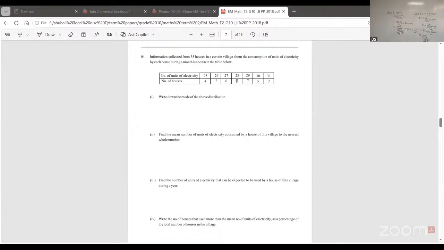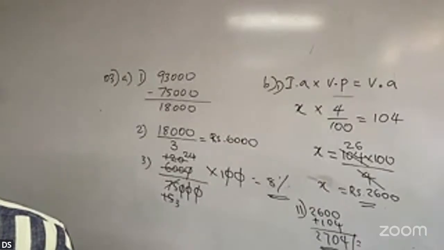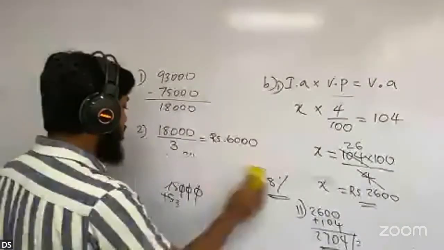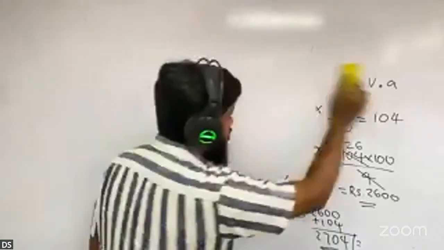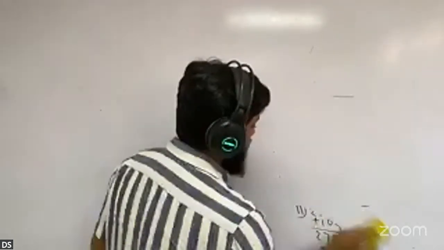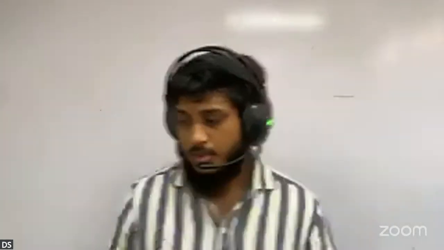This is how you find the mean. What is the meaning of mean? Mean means average. So this is how you have to find the mean.